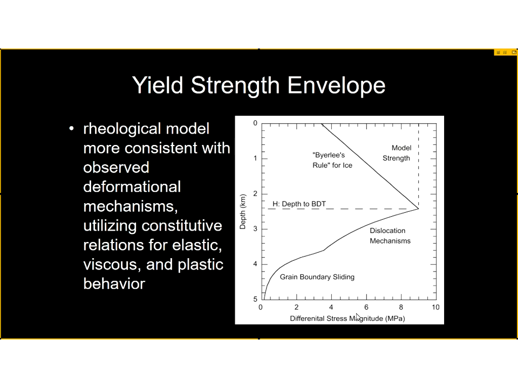On a larger scale, we call the way these features deform the yield strength envelope, where basically you have stress versus depth, and depending where you are on this envelope is how things will form. Typically, if you are within this region, you'll get a more brittle form.